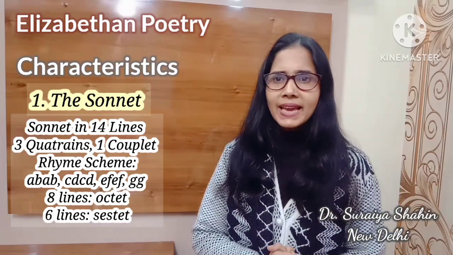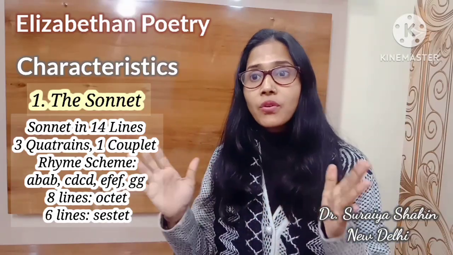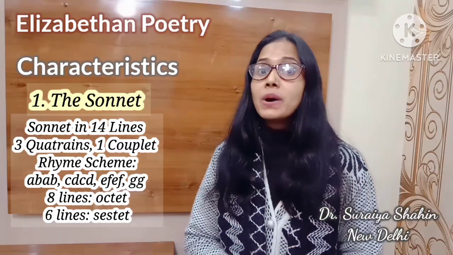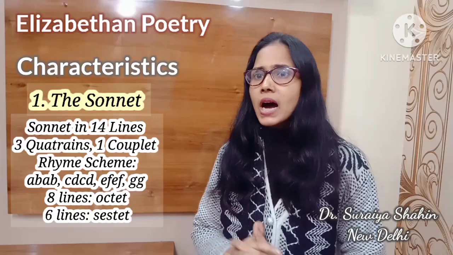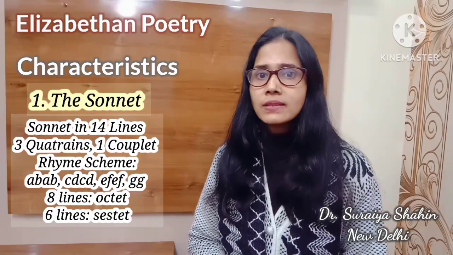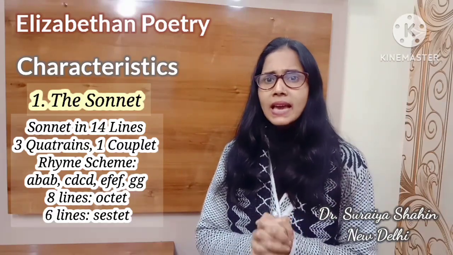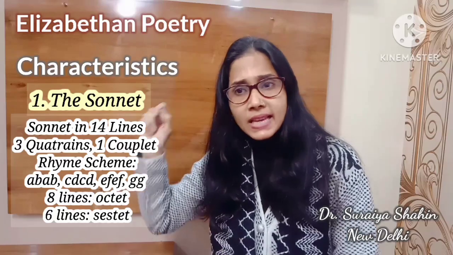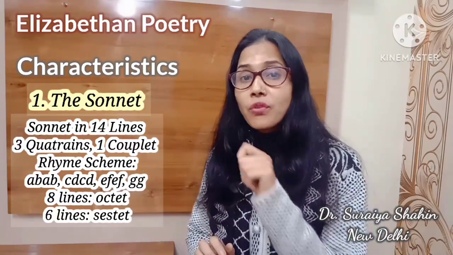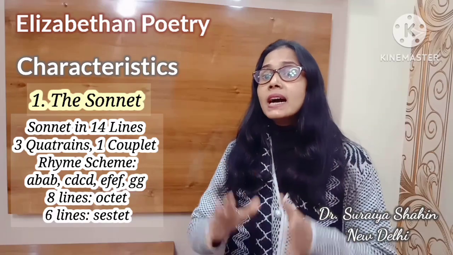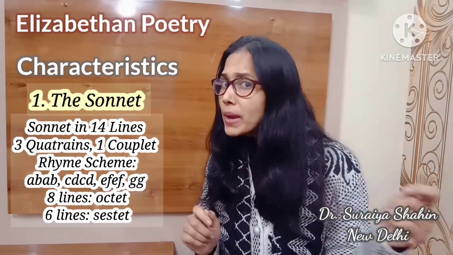As we must know, the sonnet for the first time was introduced by Wyatt and Surrey in the first half of the 16th century. Later on, we find the great sonneteer Shakespeare, who is known for writing 154 sonnets, bringing a slight alteration in the pattern.